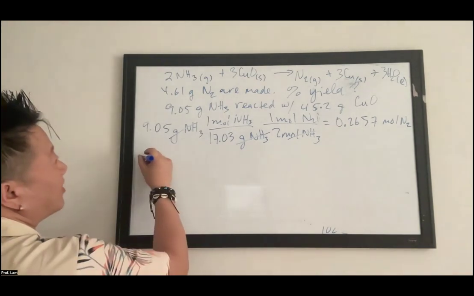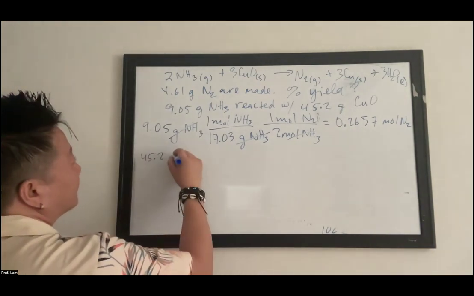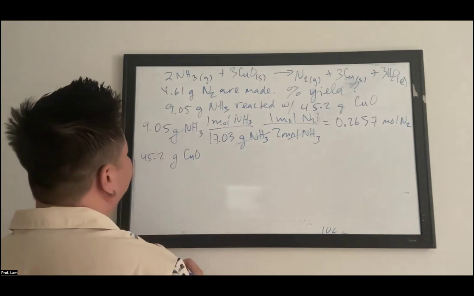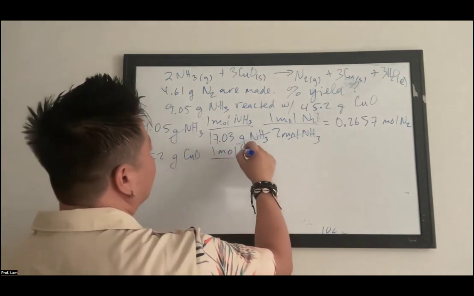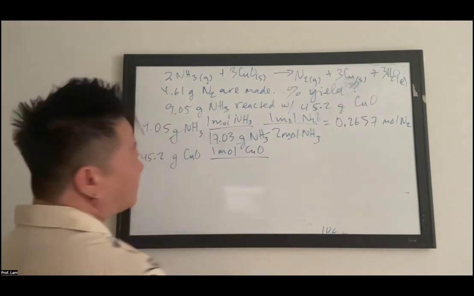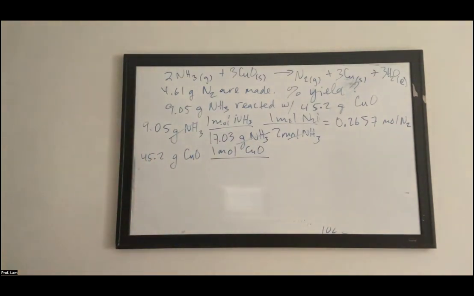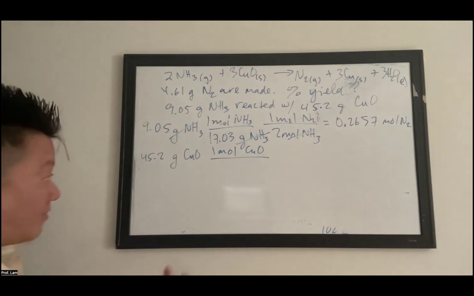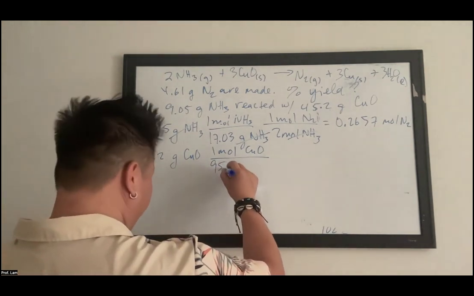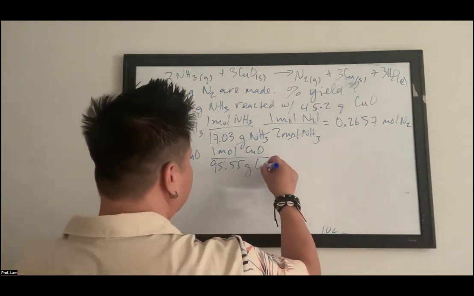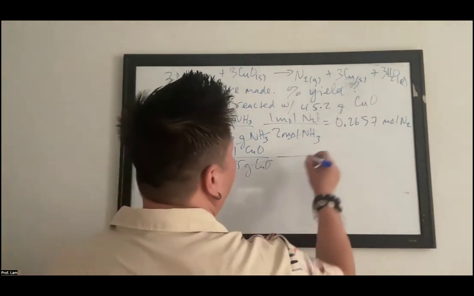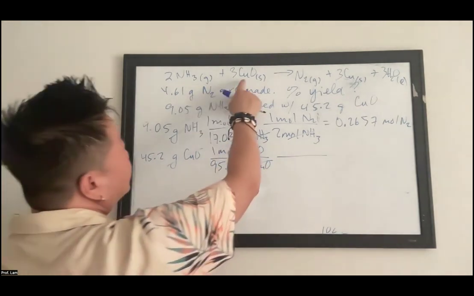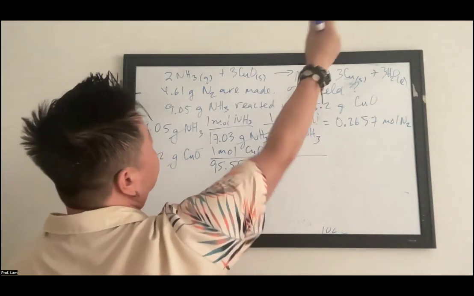And now we do it again with CuO, 45.2 grams of CuO. So we'll do 1 mole of CuO on top and molar mass of CuO, 95.55 grams on bottom. And then molar mole ratio, CuO to N2, right?